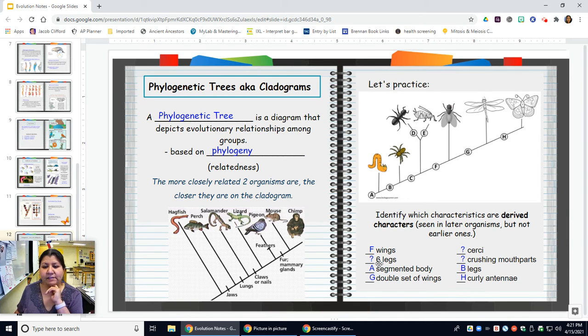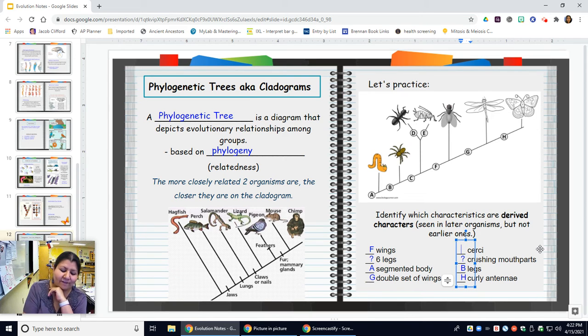All right, so now I have 6 legs, Circe, and crushing mouthparts. The Circe is where you have that big fat abdomen and all of your legs are attached to the abdomen. I've done this long enough that I've had to look it up enough times, so I know E is Circe. Additionally, this spider is an arachnid. It has 8 legs, and that's a characteristic of arachnids.